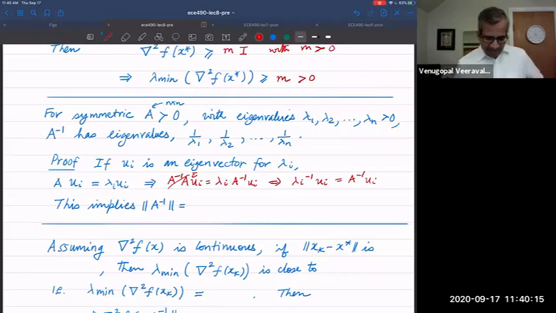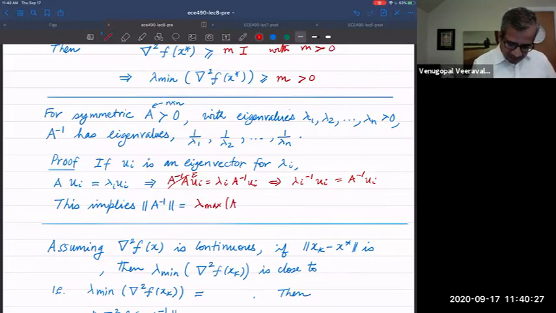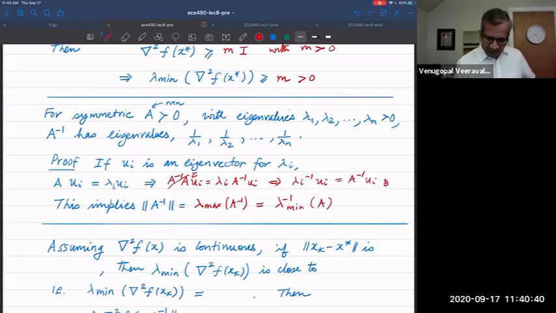All right. So if you look at the matrix norm of A inverse, this is the largest eigenvalue of A inverse, which is going to be the inverse of the smallest eigenvalue of A by this result.